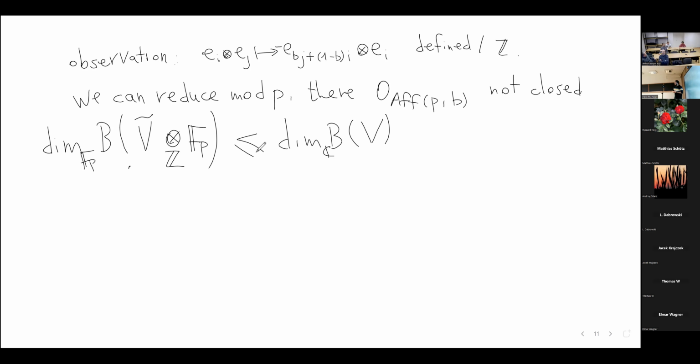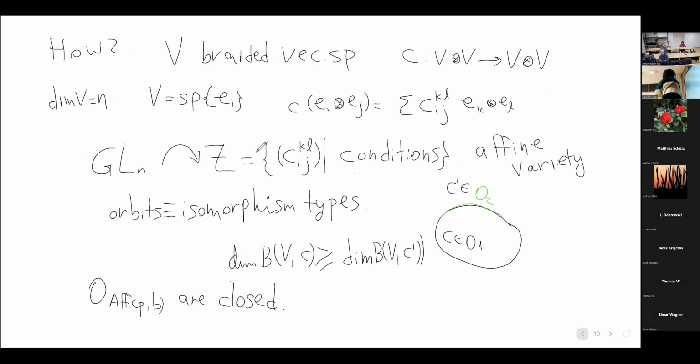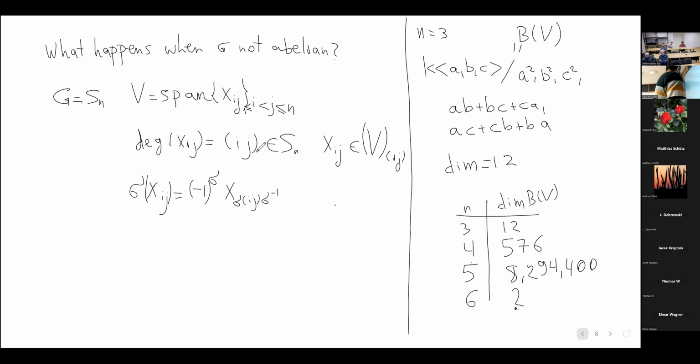I have a silly question about the permutation group case, if you could come back to the slides where you had the table of dimensions. Yes, this one.